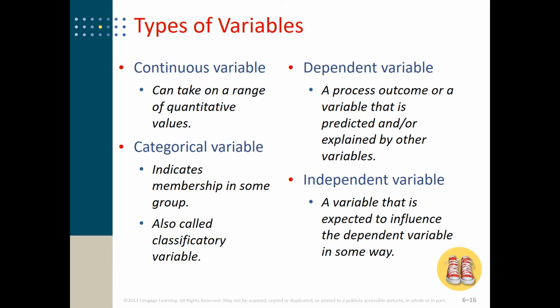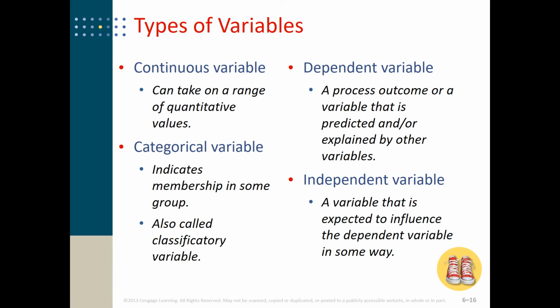A continuous variable is one that takes values within a very large range, whereas a categorical variable is one that takes a value within a very small range. Let's take some examples. A continuous variable, as I said, takes any value within a very large range. For example, salary can take any value within a large range.